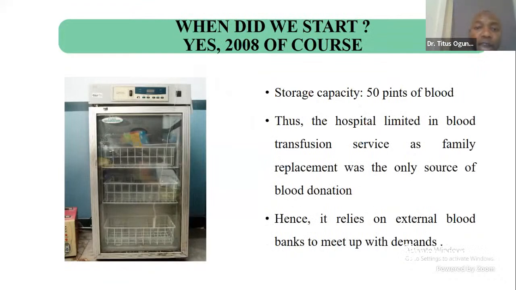At inception, we were limited by a refrigerator that held only 50 pints of blood, and the hospital was limited in transfusion services, as only family replacement was the source of blood donation. Hence, the hospital relies so much on external blood bank services to meet up with demand.